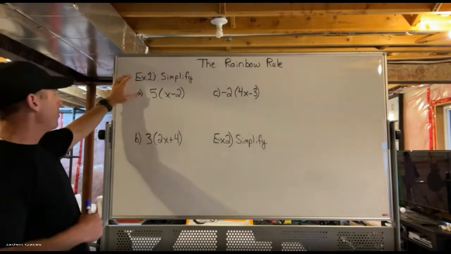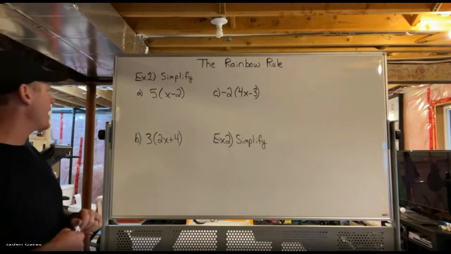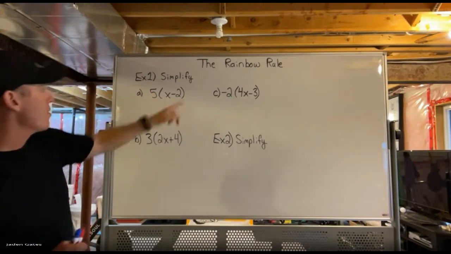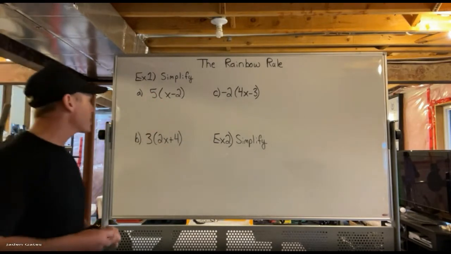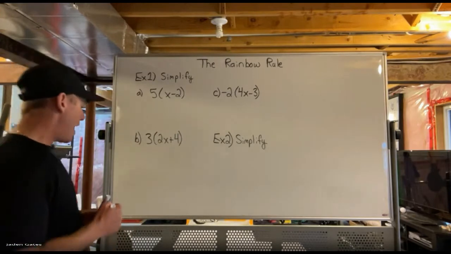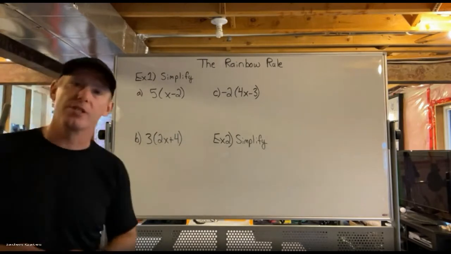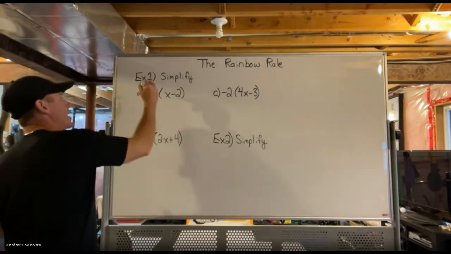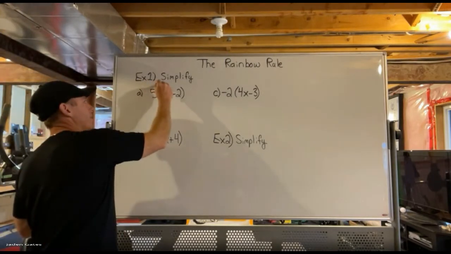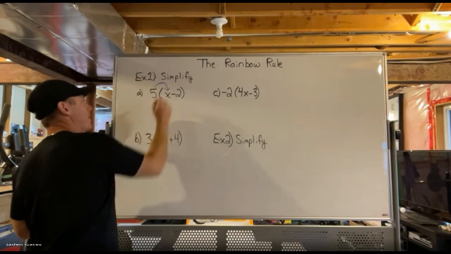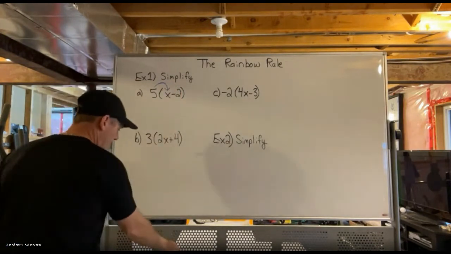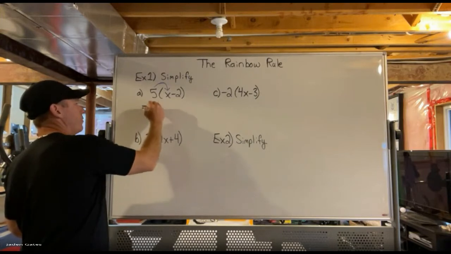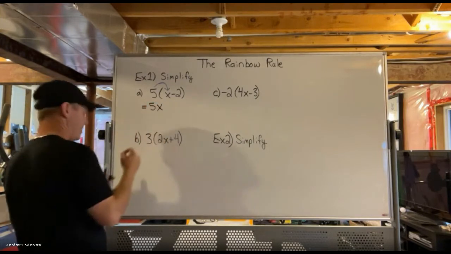Because we get to example 1 here, where we're looking at taking 5, and because it's in front of the brackets here, multiplying it by x minus 2. Now, how we approach this, or simplifying this using the rainbow rule, is I got to take 5 and multiply it by the x, in which case I would get 5 times x, which is 5x.